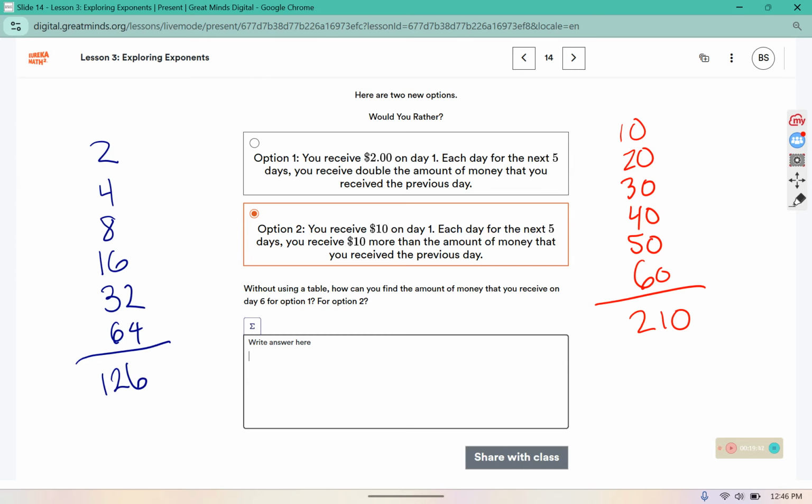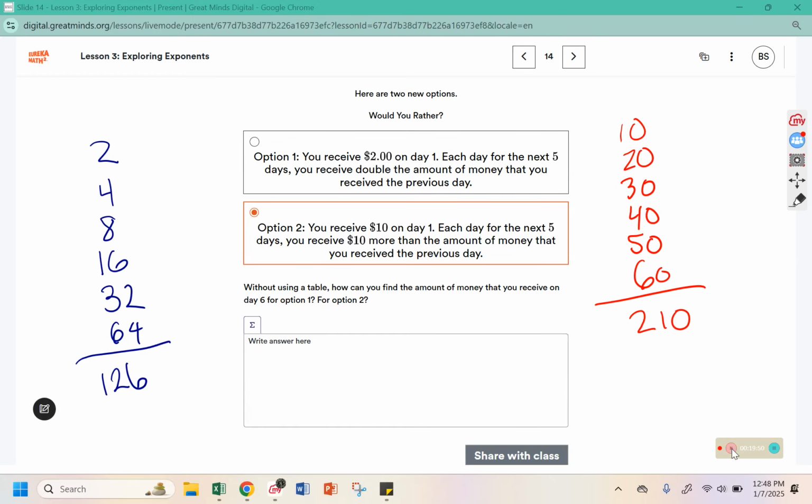It says, without using a table, how can you find the amount of money you receive on day 6 for option 1 and for option 2? Well, for option 1, that would be 1, 2, 3, 4, 5, 6 times. So for option 1, we could use 2 to the 6th power to figure out how much money we would get for day 6.